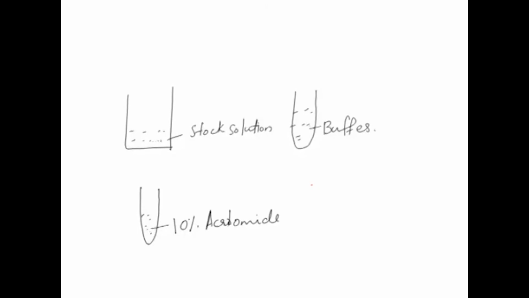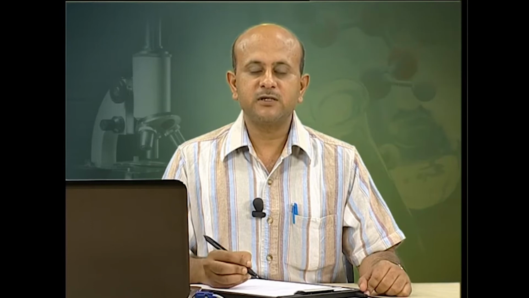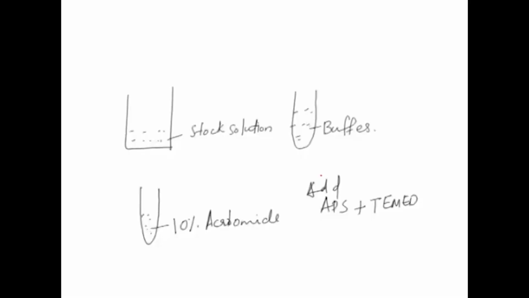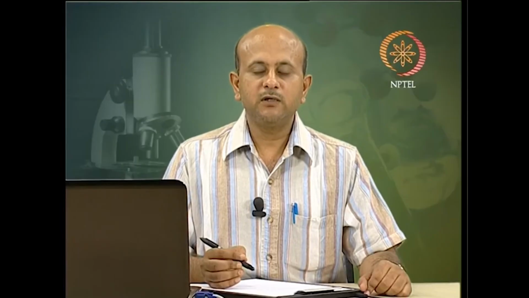Now, once this is 10%, you will add two things, one is APS and TEMED. Like I said, TEMED is the accelerator. So, as TEMED is added, this whole process starts very fast, and very small amounts are added. Once you have added these things to the 10% gel, then very quickly you have to pour this into the casting apparatus.